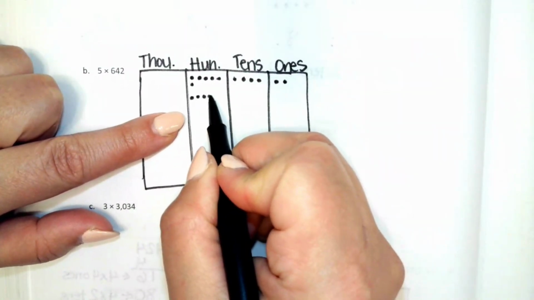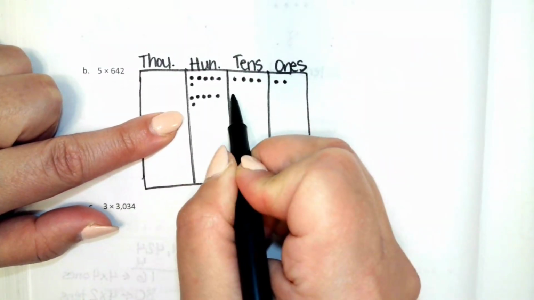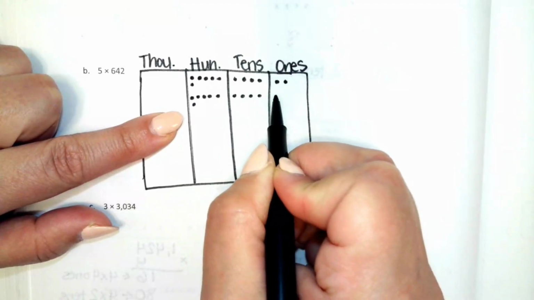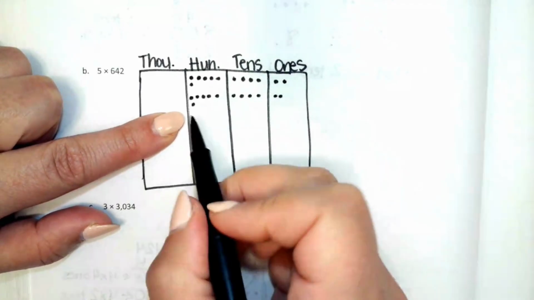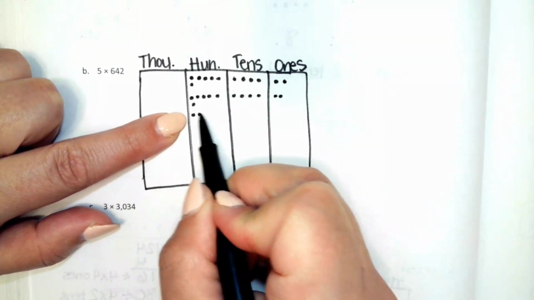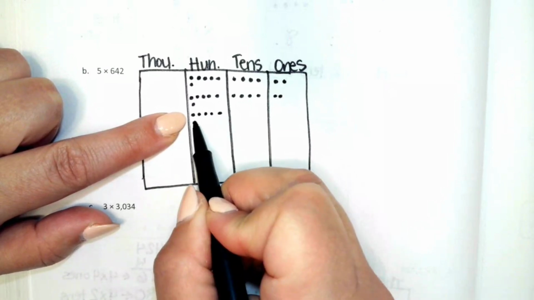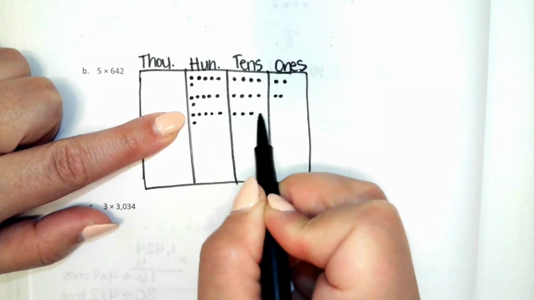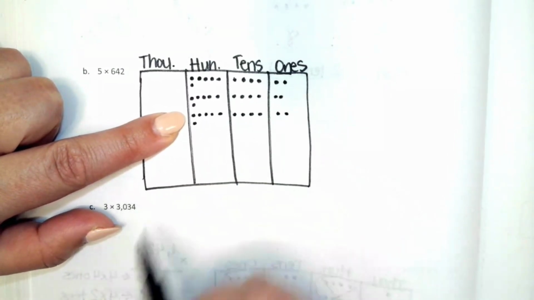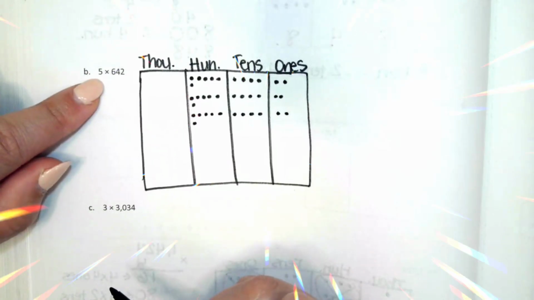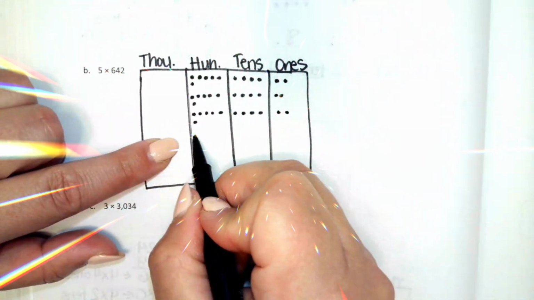Work on your second row. Now work on your third row. And keep going until you have 5 rows.